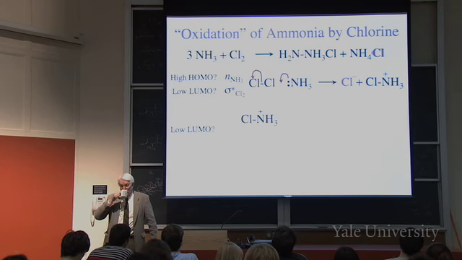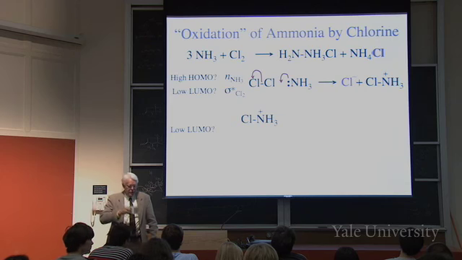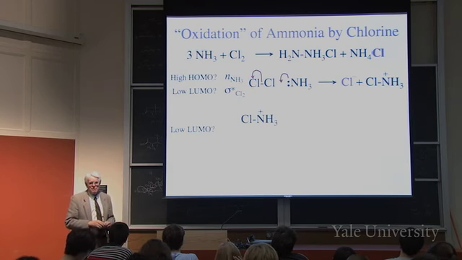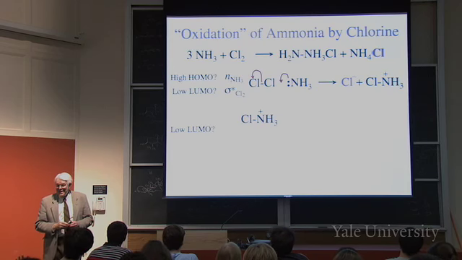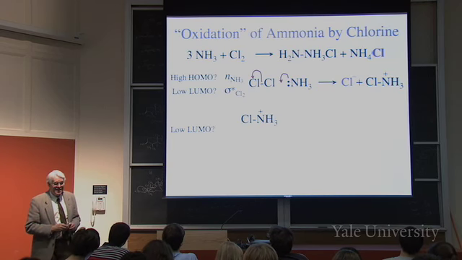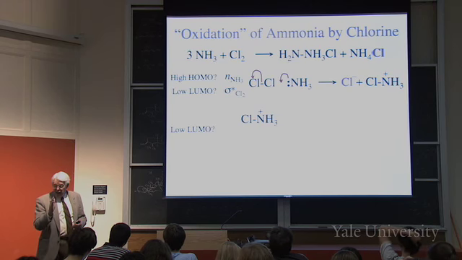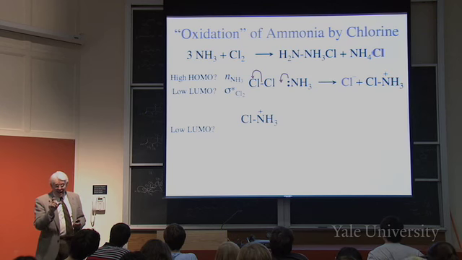The NH bond, because... That's not what I would have said. Turns out to be right, but it's not what I would have said. It's got to be vacant, so what's the name of the orbital? Sigma star. Sigma star NH.